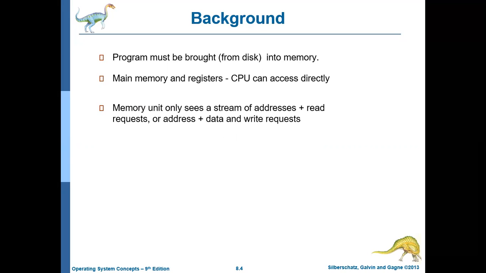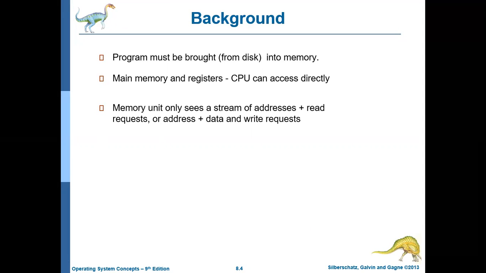And the memory unit can only see the stream of addresses, read requests with address, and data with write requests. Only these things the memory unit can see. This memory unit basically doesn't know how these addresses were generated or who is generating them. It only knows which address is to be referred, whether it should be read or written.